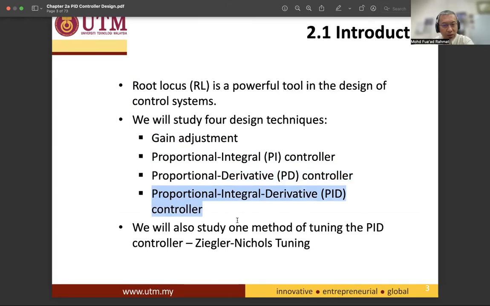For the PID controller, we add another subtopic, which is the tuning, because we need to tune the three values, KP, KI, and KD, in order to achieve the best and optimal value for the Ziegler-Nichols tuning of PID.